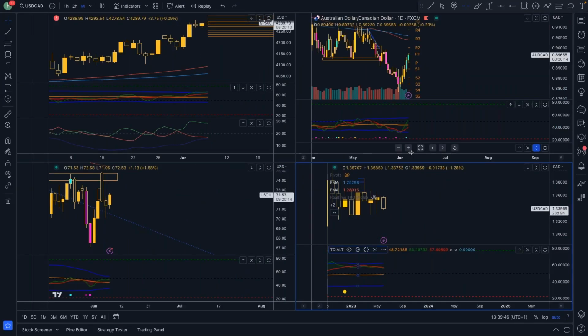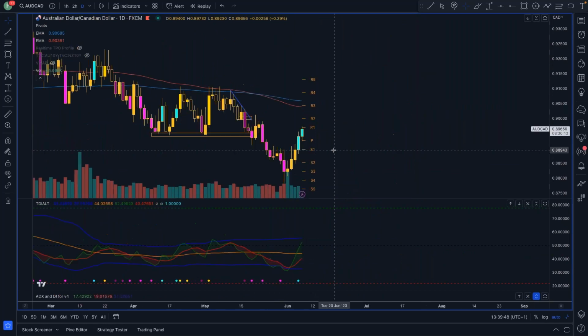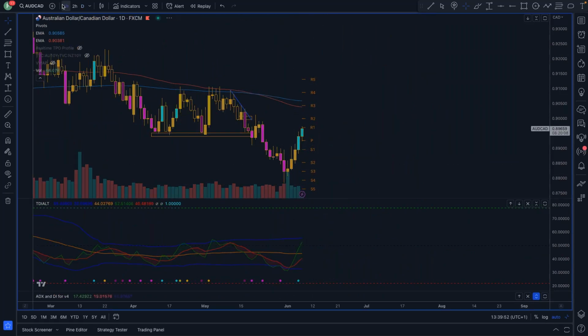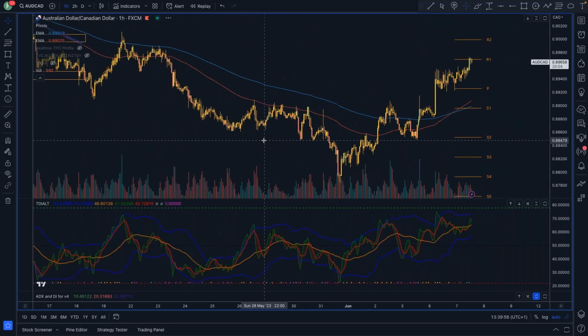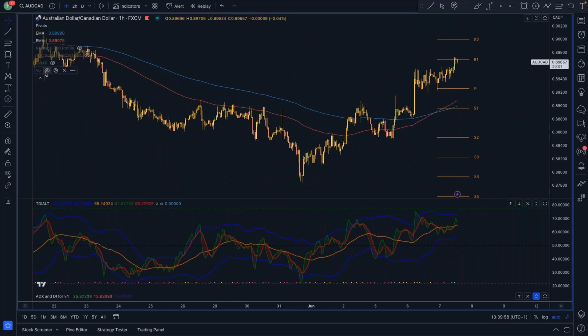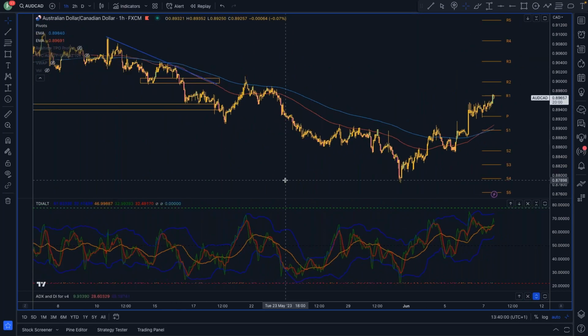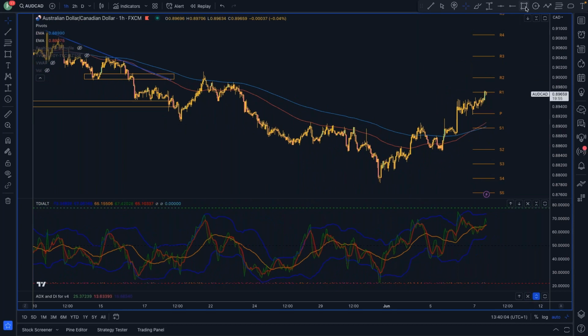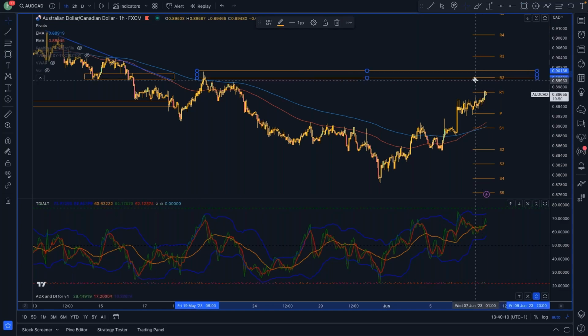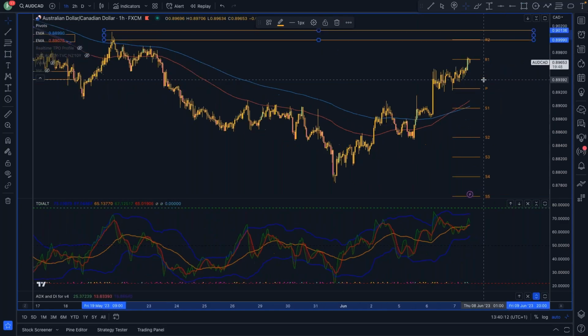So let's look. In the situation where we see no interest rate hike from the Bank of Canada, I'd expect the Aussie CAD pair to move higher, and I would be looking for a short-term scalping opportunity just up into that 0.89, that R2 pivot point.